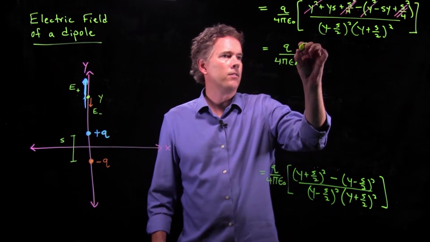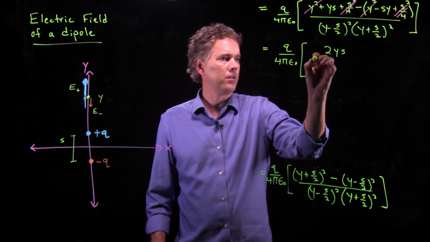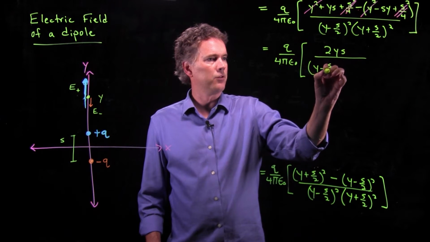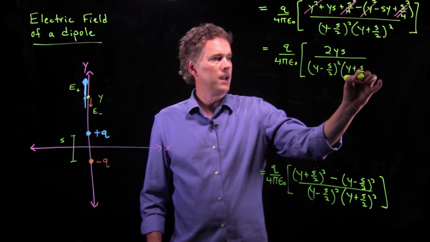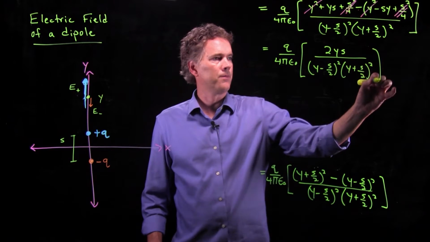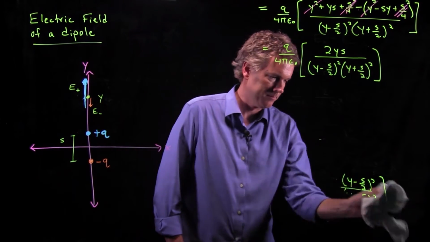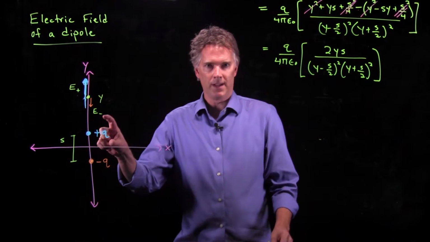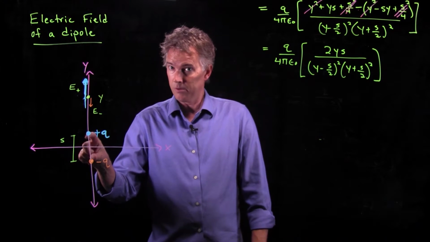And then we have 2ys, and then we're going to divide by this thing, (y minus s over 2) squared, (y plus s over 2) squared. And now we're going to make an approximation. A dipole is actually pretty small. Okay, if it's an atom or a molecule, that's pretty small.